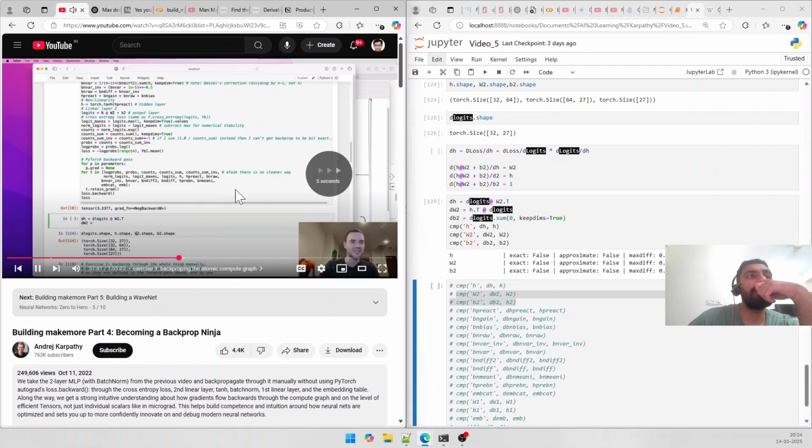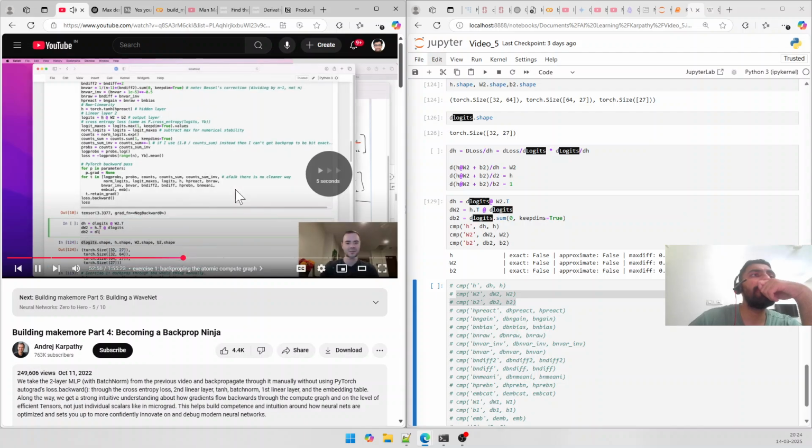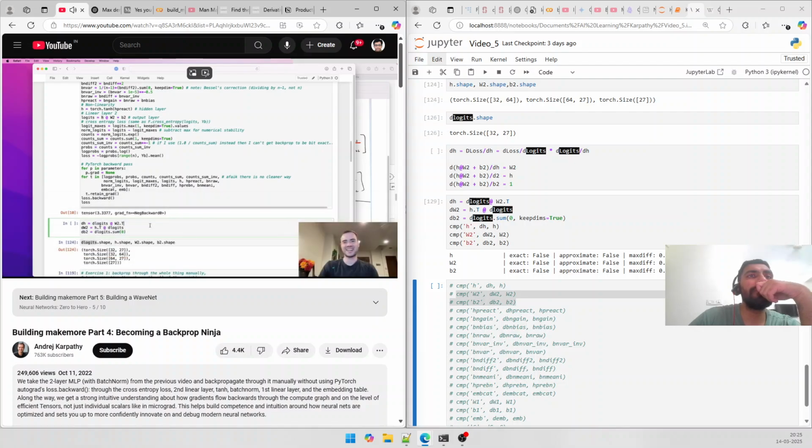Logits, and I don't know which way it is, so it has to be 27 to work. That's logits, the same way, axis 27. Eliminate this dimension. So it's this, so that's kind of like the hacky way.